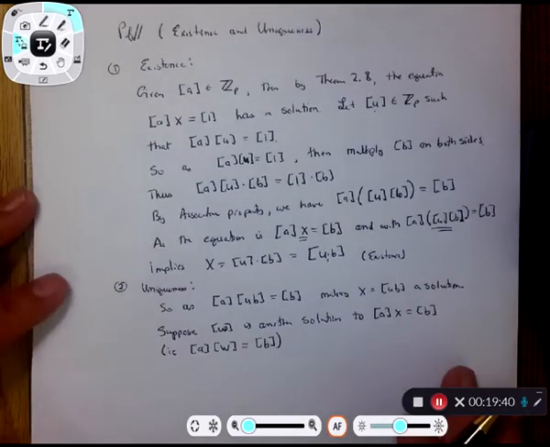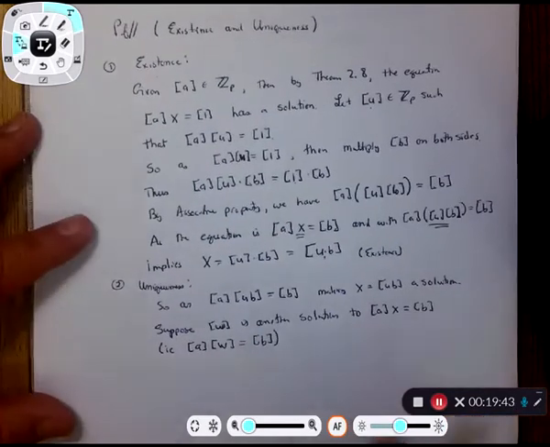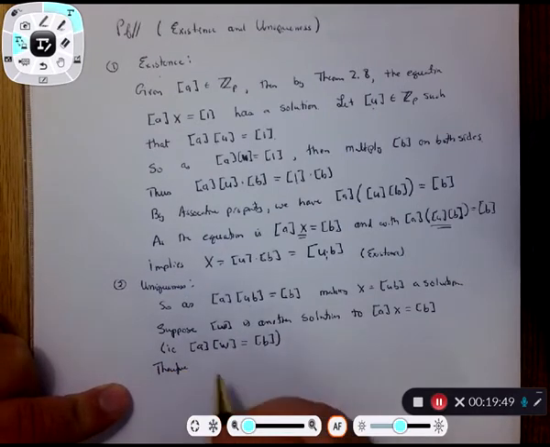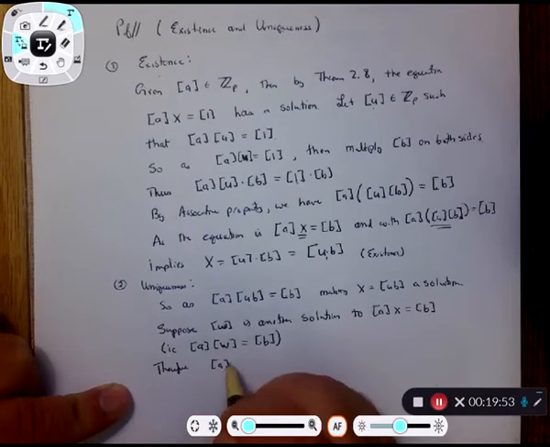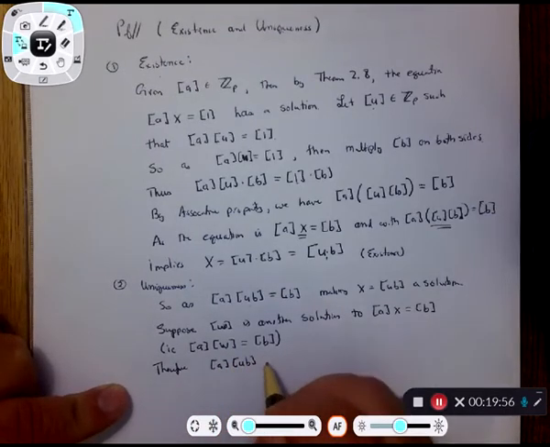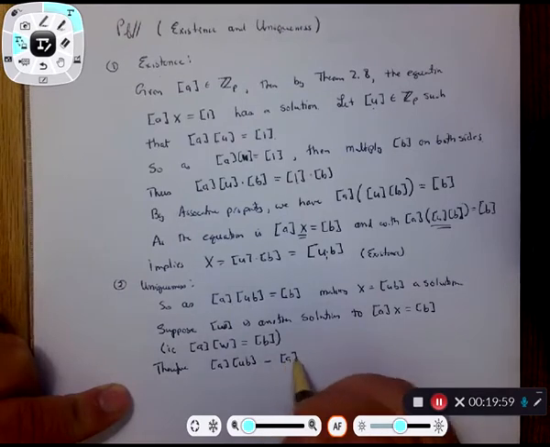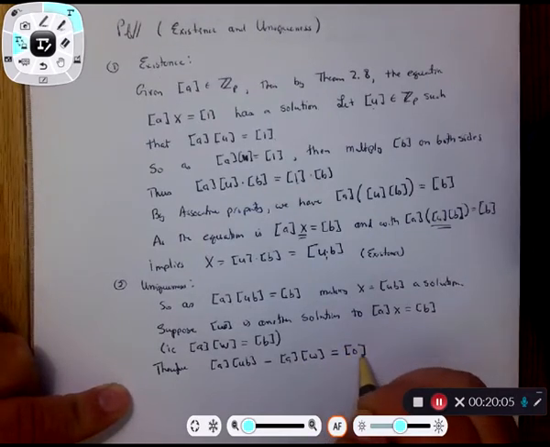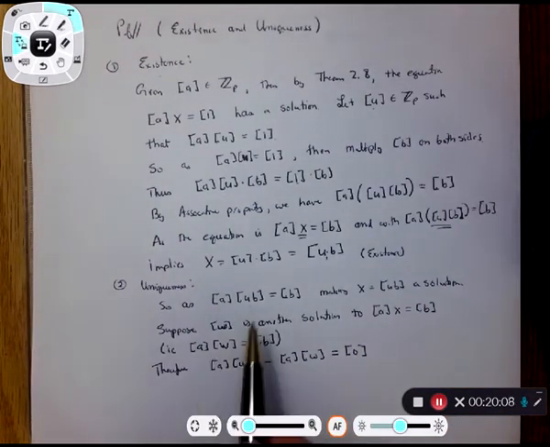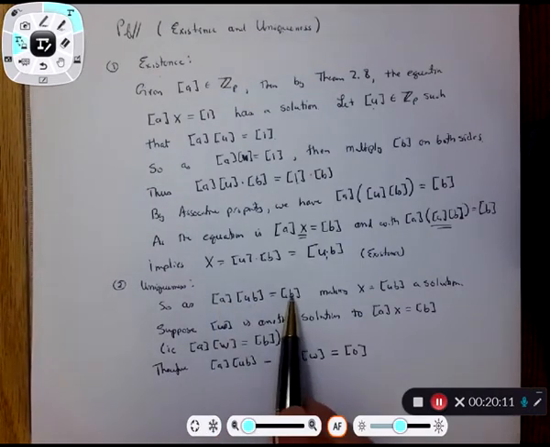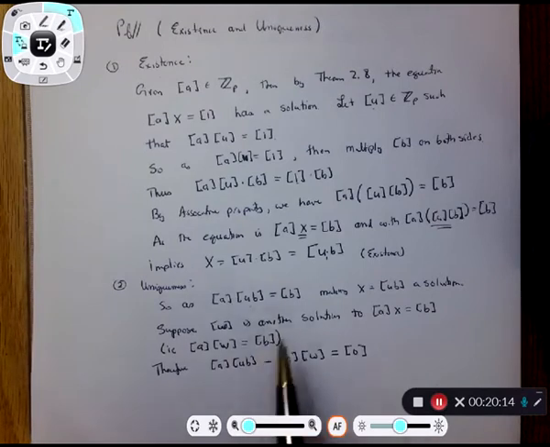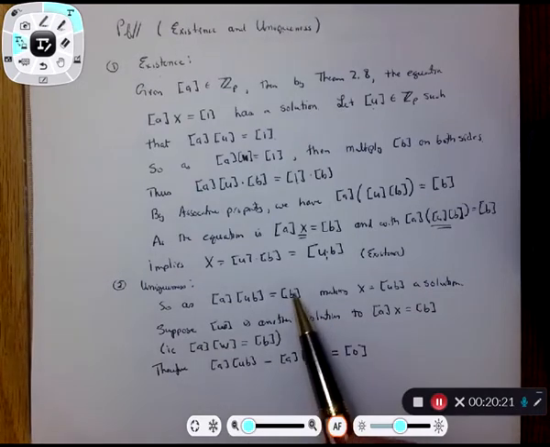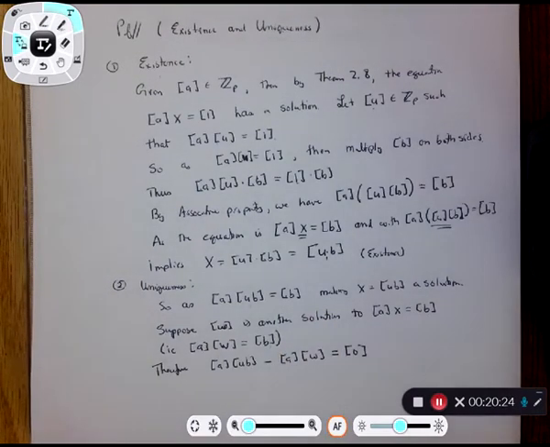So here comes the algebra. Therefore, equivalence class A times equivalence class UB minus equivalence class A times equivalence class W would be equal to the zero equivalence class, because A times UB equals B and A times W equals B. So if I subtract A times UB minus A times W, that's the same thing as B minus B, and B minus B would be 0.